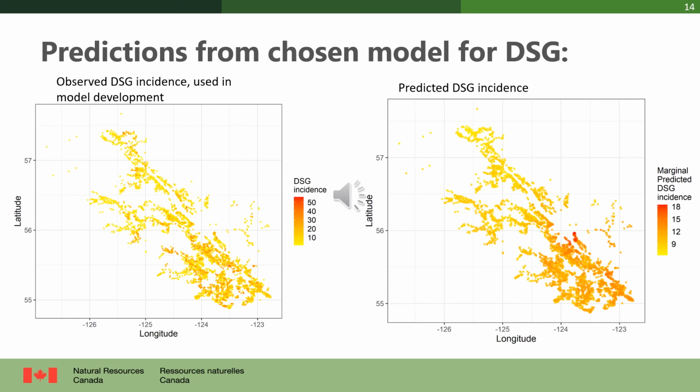On the right, we see the predicted values generated from the model. Thus, for the Mackenzie TSA, a timber supply analyst would take the equation shown in the previous slide, along with its parameters, and use it to estimate rust incidence at age 15 for any opening that had not been surveyed for rusts.